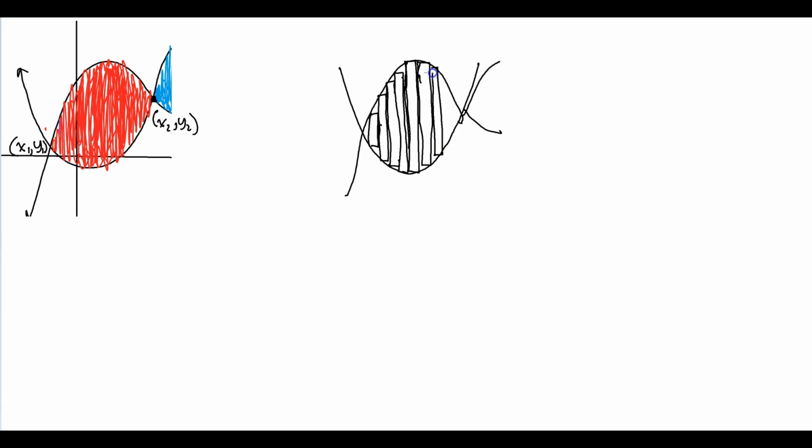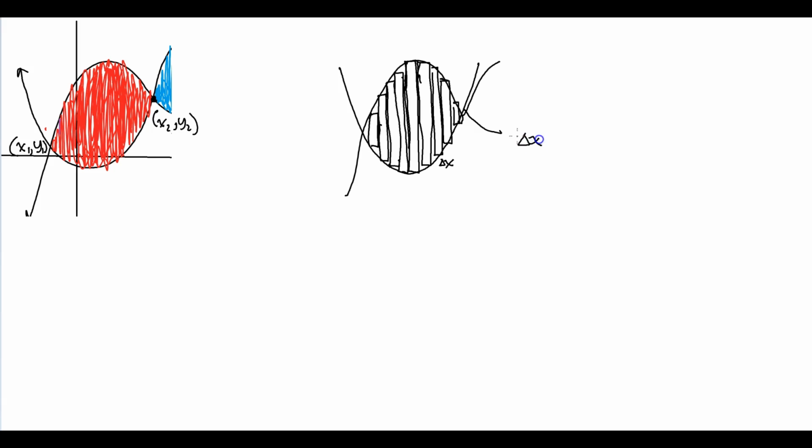And as you draw more and more rectangles, okay, so we have all these rectangles, okay? And similar to what we did for area under the curve, as we draw more and more rectangles, the approximation for area becomes more and more accurate. Okay, so let's call this delta x.